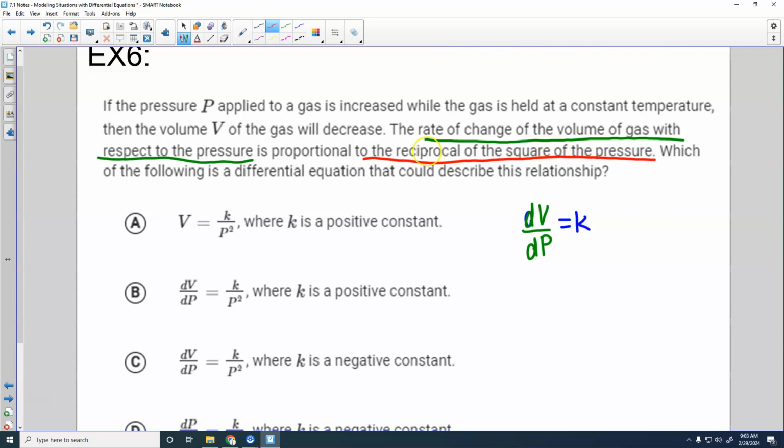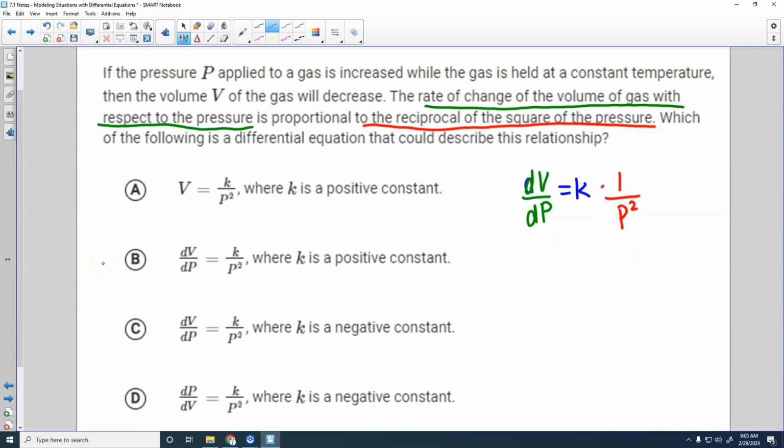The reciprocal of the square of the pressure is going to be 1 over pressure squared. Okay? Which ones are out? A is out, D is out. Now, B and C have the same differential equation, but for one of them K is positive, and for one of them K is negative.